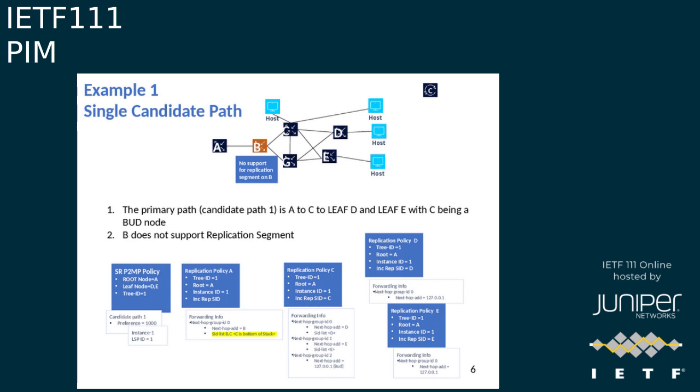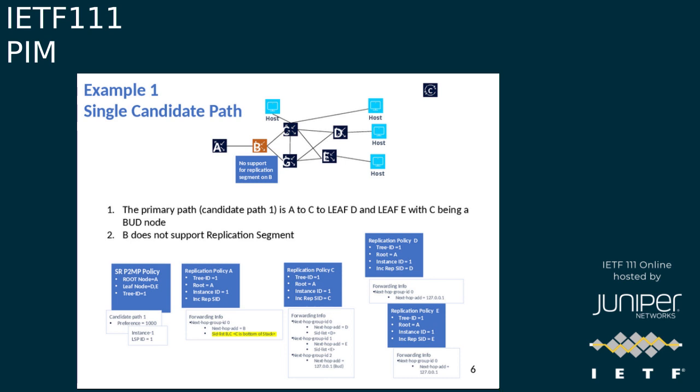One candidate path is the active candidate path, and the remaining candidate paths are backup candidate paths, if you will. Under the candidate path, there are usually two path instances. The path instance is the tree itself. It's the point-to-multipoint LSP itself, where the forwarding instructions, AKA replication segments, are associated.